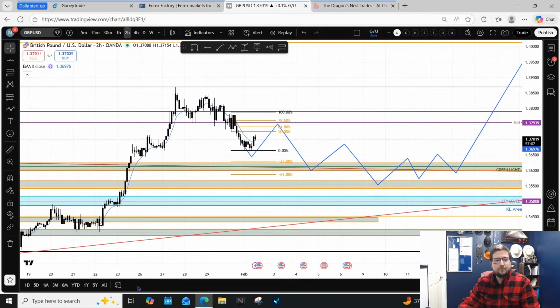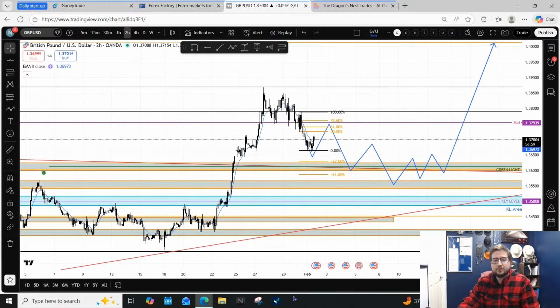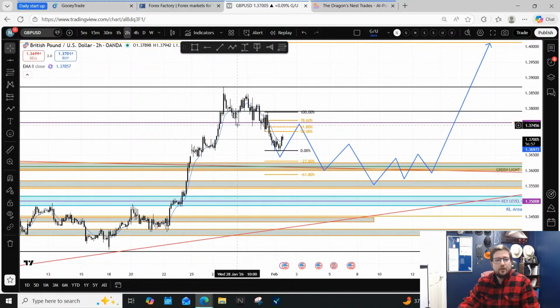I missed all of this buying movement here because I was trying to sell this area. Unfortunate, but it does occur. So as of right here, I would be anticipating a sell from the 50%, 61% zone in this general area. I would expect the sellers to come in and head straight to the negative 27.